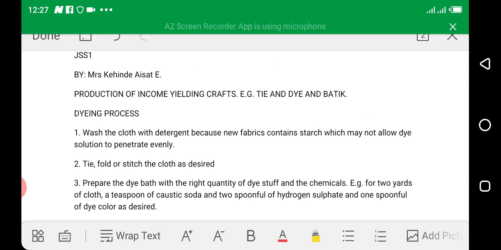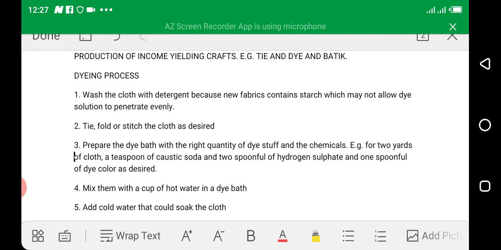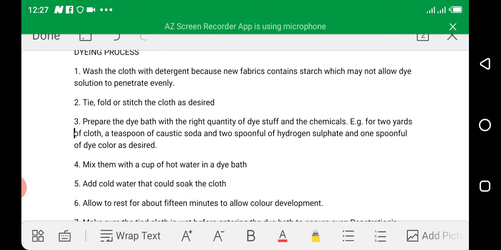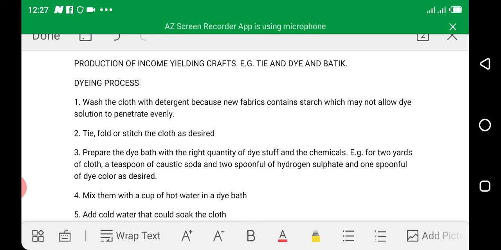Number two, tie, fold or stitch the cloth as desired. This has to do with the dyeing method. You can apply any method. You can either tie, fold or stitch, depending on the way you want it. Number three, prepare the dye bath with the right quantity of dye stuff and chemical.